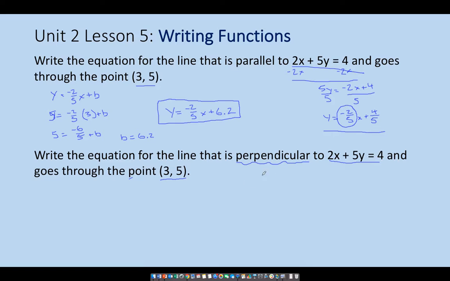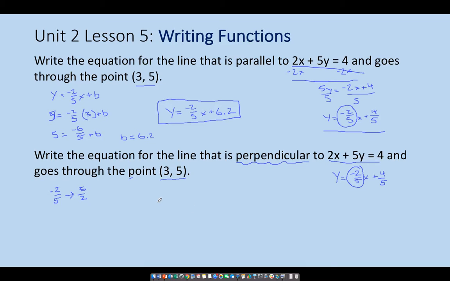That means my slope has to be the negative inverse. If I'm starting out with y equals negative 2/5 x plus 4/5, the slope of my new one needs to be the negative inverse of this slope. So negative 2 over 5 goes to positive 5 over 2.